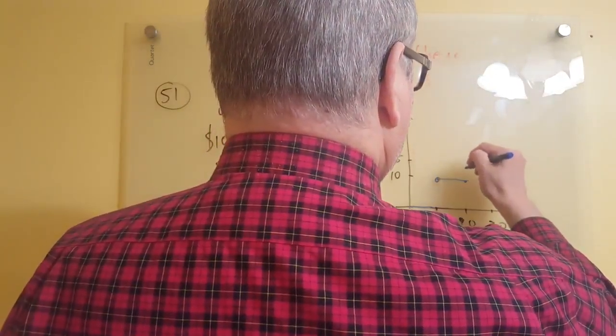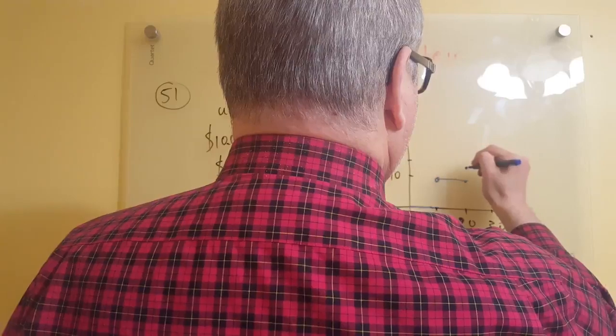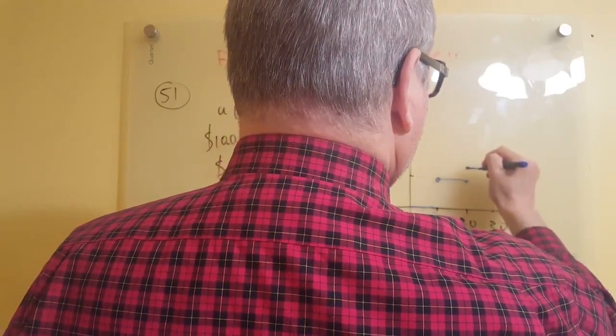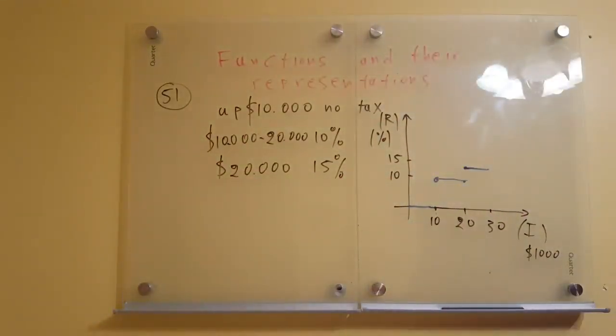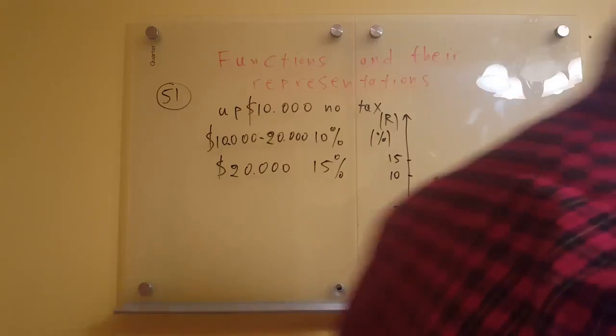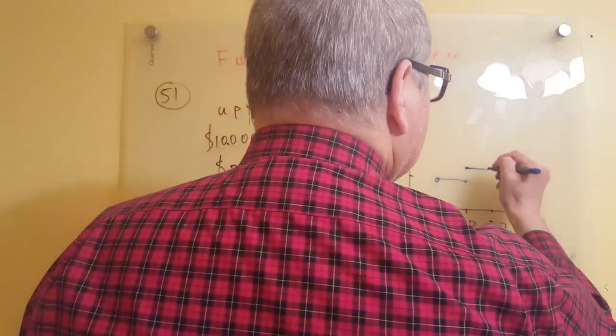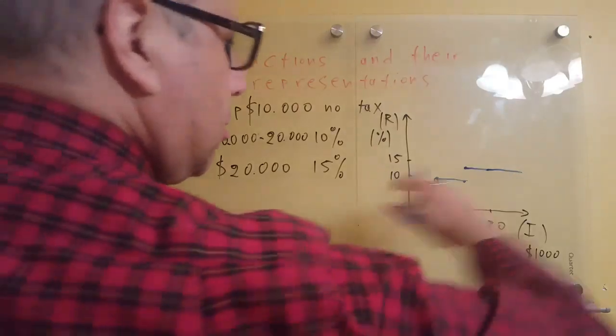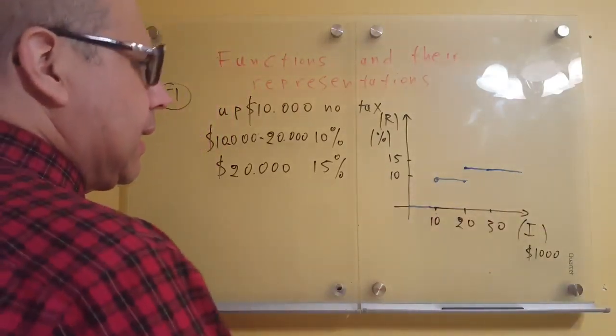So this is 20,000. From 20,000 it's at 15%. Because they don't tell us until what income, you can extend the line.